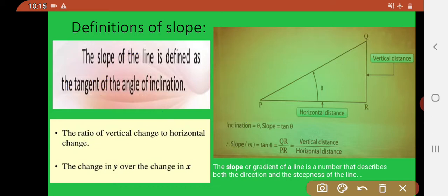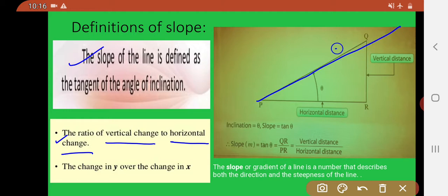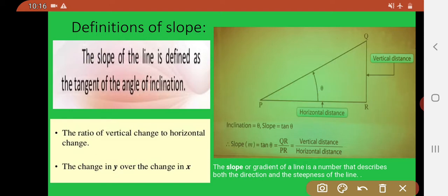This is one definition. You may also say it is the ratio of vertical change to horizontal change. Here you see, suppose you take this line which makes angle theta with the positive x-axis. This theta is the angle of inclination. Then you can draw a right angle triangle.